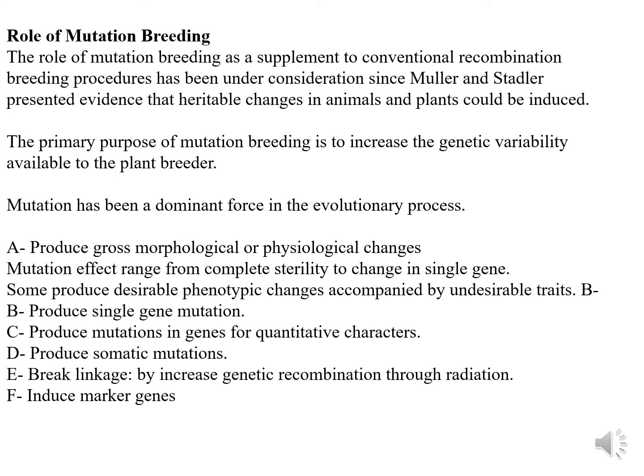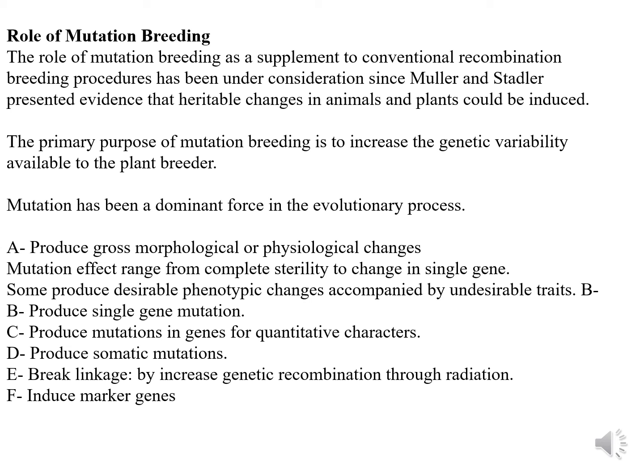The first advantage or role of mutation breeding in plant breeding is producing new morphological or physiological changes that can be utilized in selection.